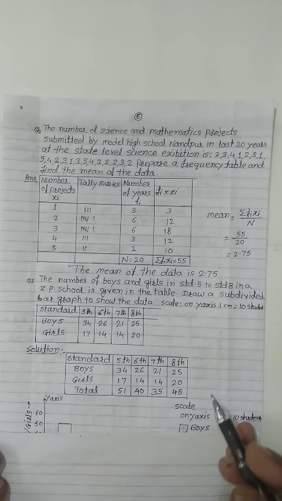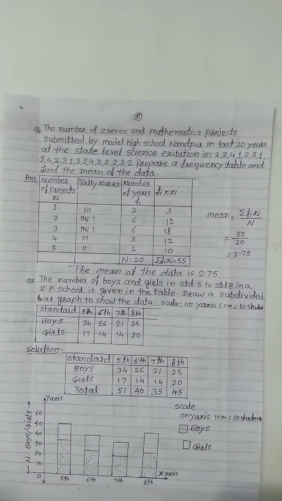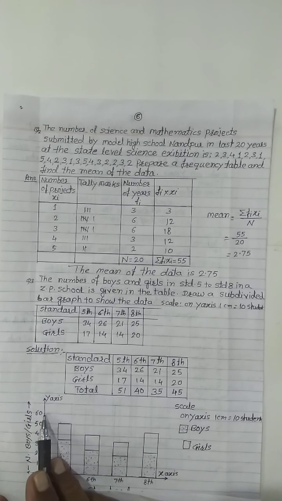So we firstly draw the x-axis and y-axis on the graph. On the y-axis, put 1 centimeter equal to 10, that is 10, 20, 30, 40, 50, 60.